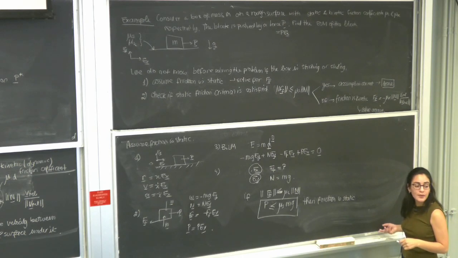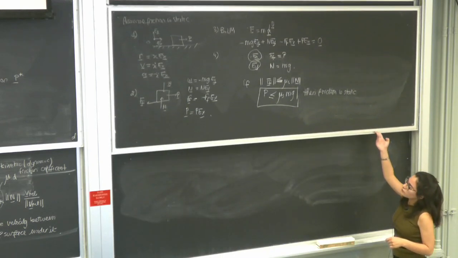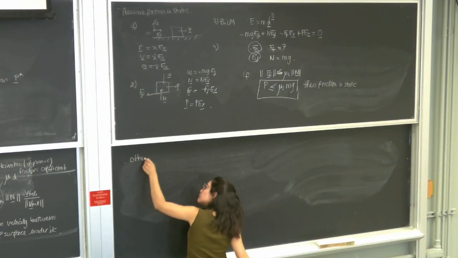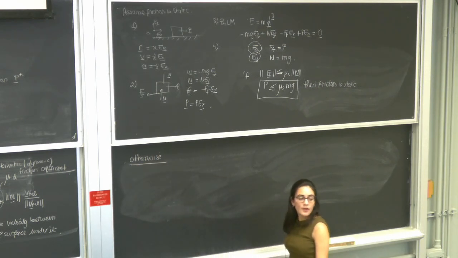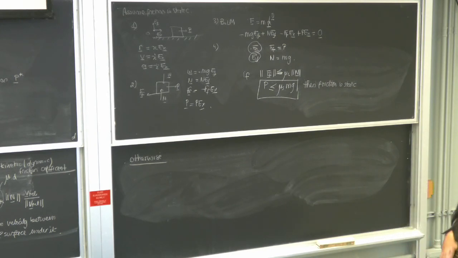Otherwise, what would happen? I do not know the value of P, but if I were given the value of P, I would just calculate this. And if this is valid, then friction is static. If it's not, then friction is kinetic.